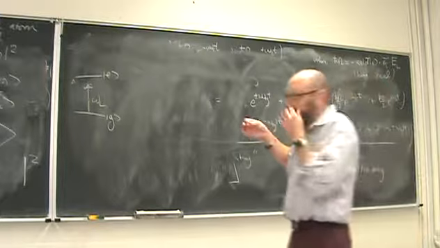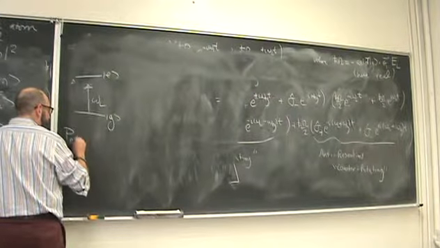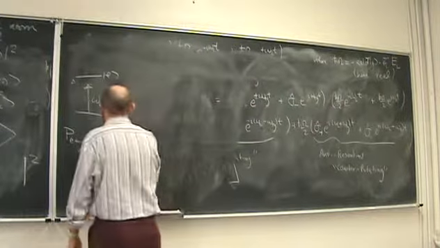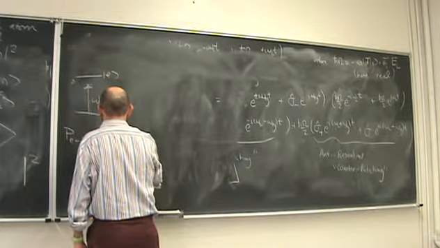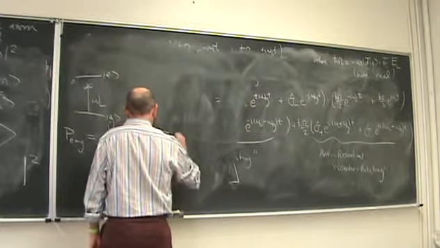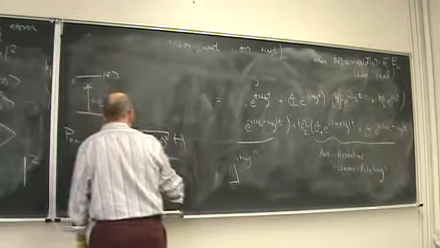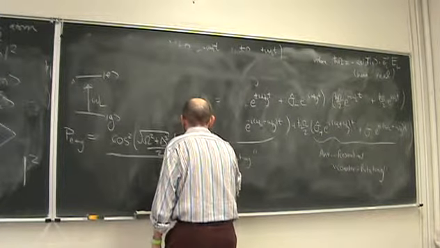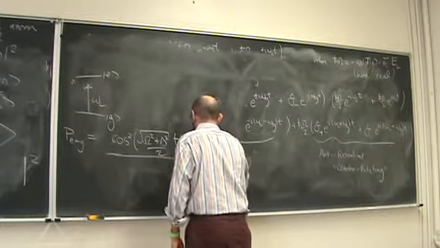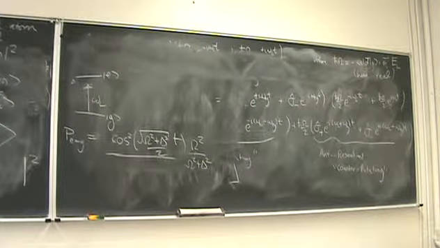And when we have Rabi oscillations, we would say that the probability to be in the excited state after starting in the ground state would be equal to cosine squared of the generalized Rabi frequency, t over 2, divided by, this is the usual Rabi solution, omega squared over omega squared plus delta squared. That's what we found when we solved this problem.